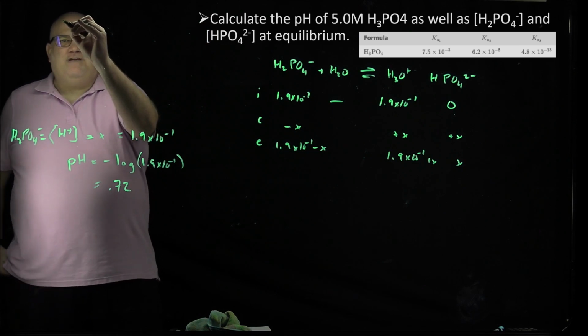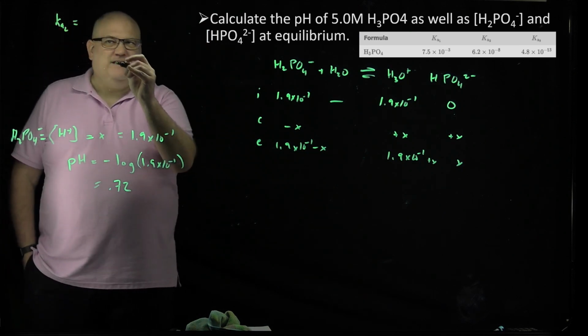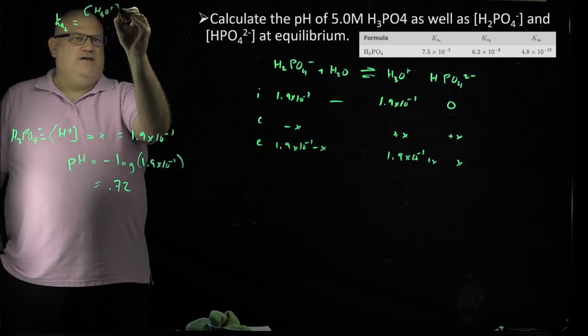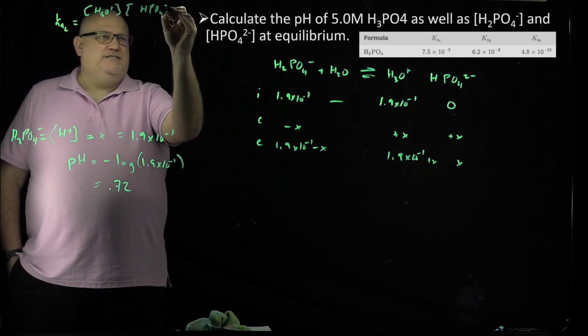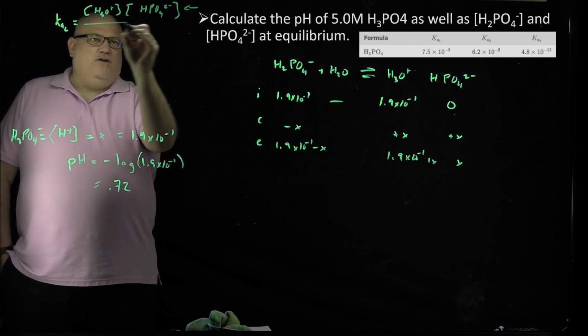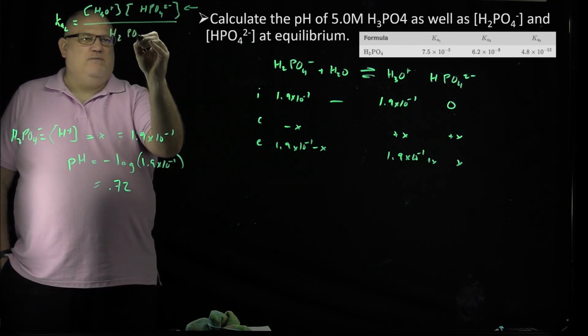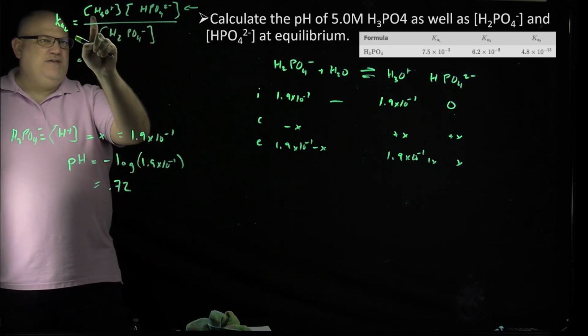If you write out your Ka2 for this, won't you end up having this on the top? Won't you end up with H3O plus times our HPO4 2 minus? And by the way, isn't that what we're trying to solve for, right? All of that's going to be over our H2PO4 minus concentration.